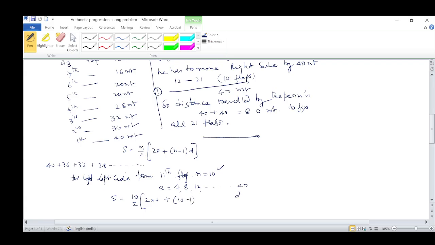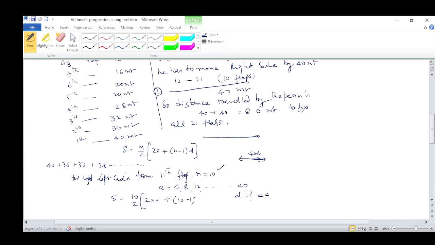Now what is d? d is 4. The distance between two flags, coming and going, is 4. Coming here and going back is 4. So d is equal to 4.